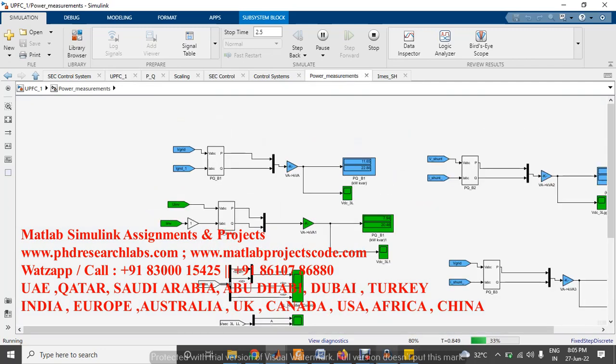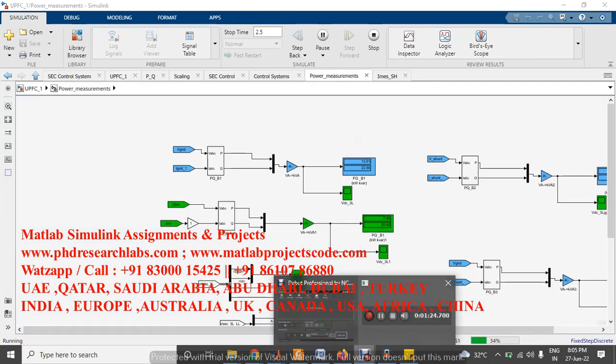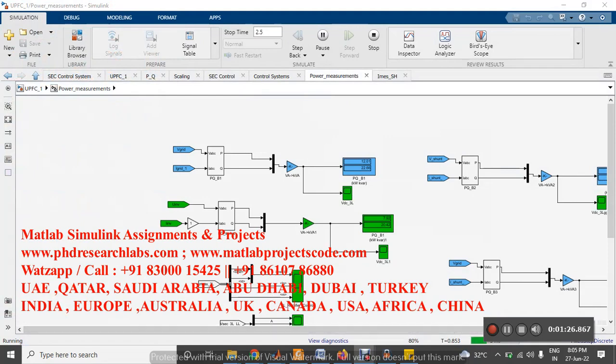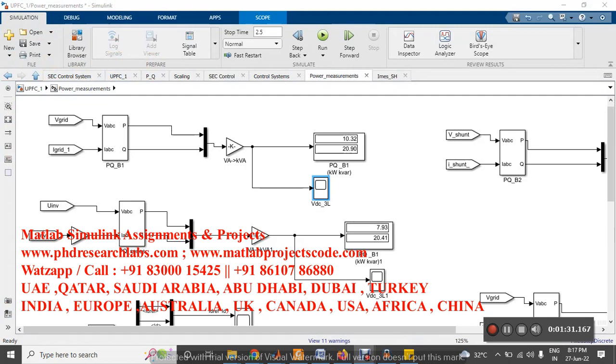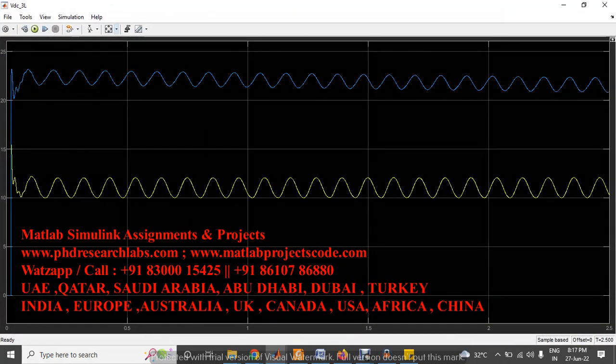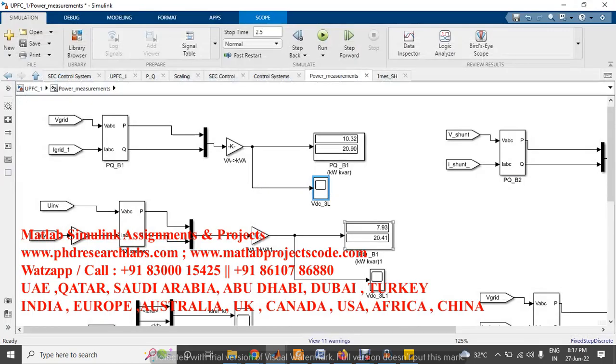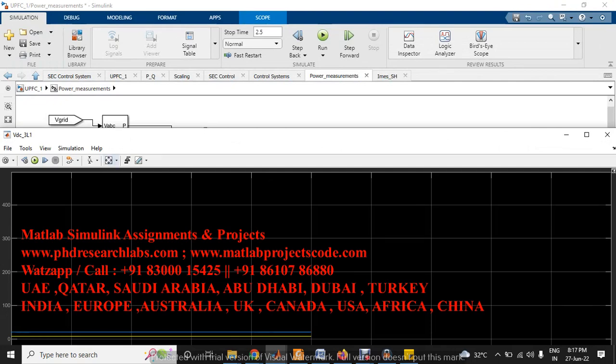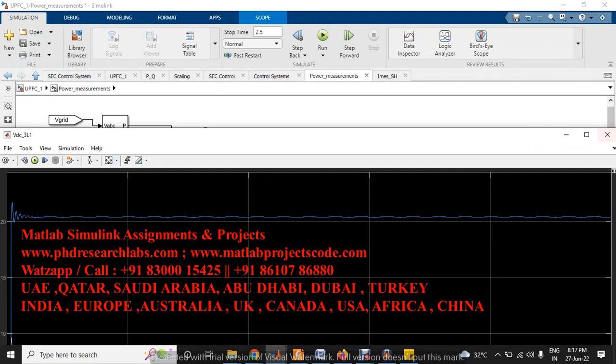So here we can check the system measurements of the UPFC system and three-phase grid. This is the active and reactive power of the grid, and this is for the inverter active power and reactive power.